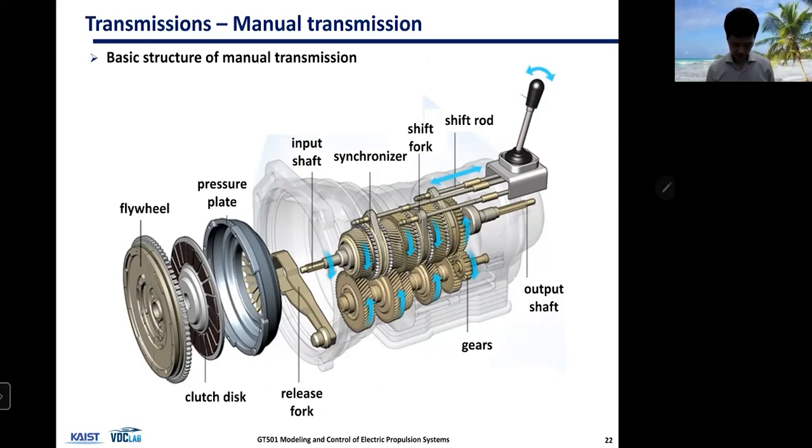So you have this release fork, clutch disc and pressure plate. By pressing this fork, you can disengage and engage the clutch, which is basically connecting and disconnecting the transmission from the engine, or the engine from the transmission.